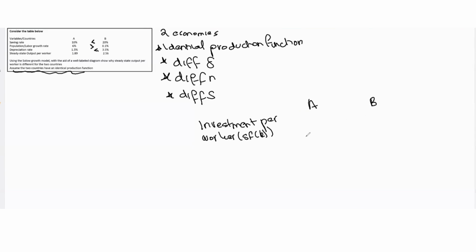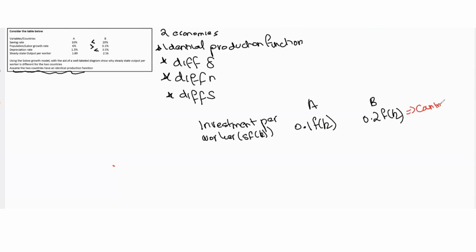Now for country A, the savings rate is given to us as 0.1, so it's 0.1 f(k). For country B, the savings rate is 20%, so it's 0.2 f(k). When I plot the investment per worker curve, country B's curve is higher because it's 0.2 f(k), and for A 0.1 f(k).